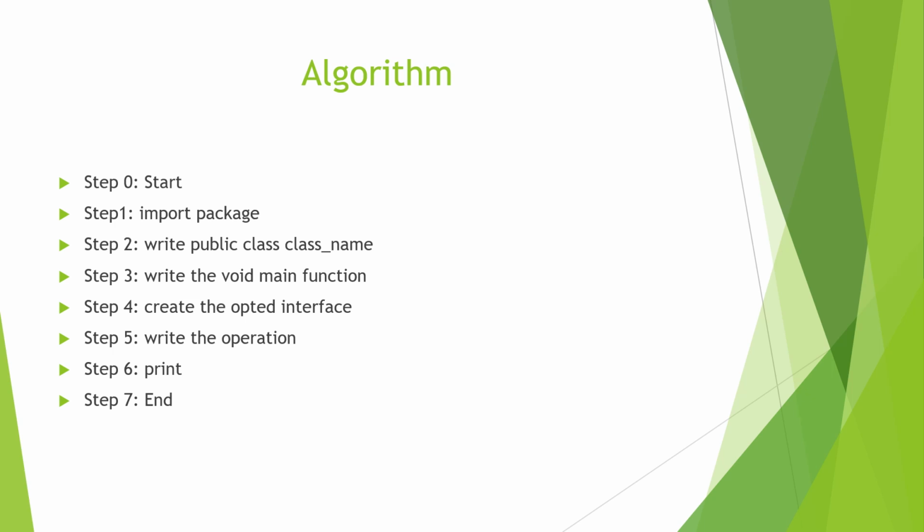And then we use the void main function. After that, whatever interface we are using, we create the interface, then the operation, then printing. This is how the algorithm ends. There are 8 steps to write any program related to this particular interface.